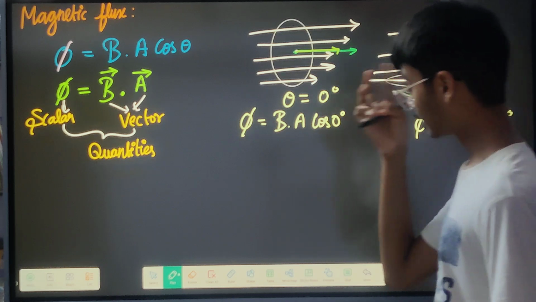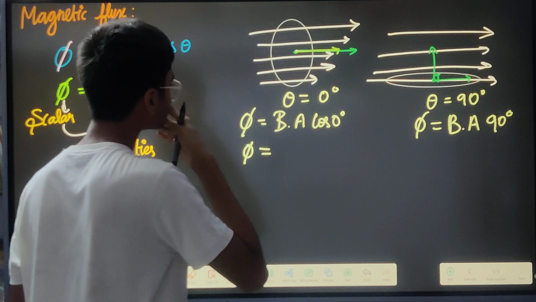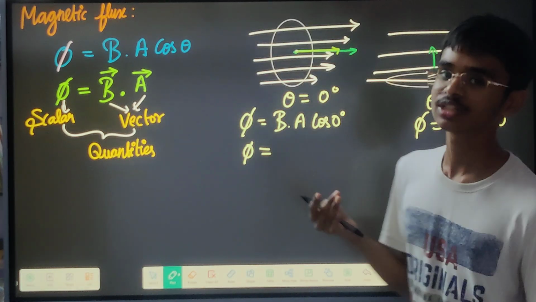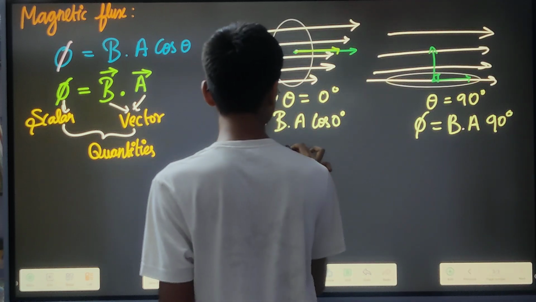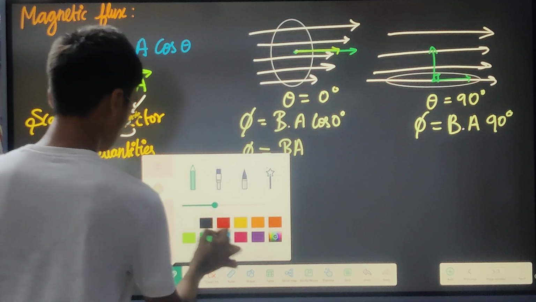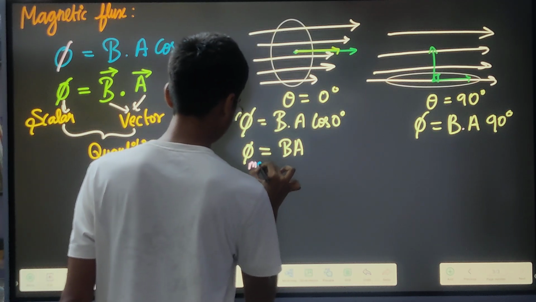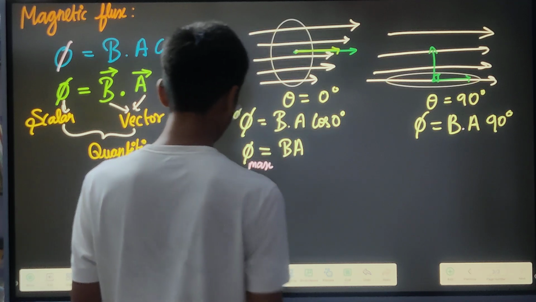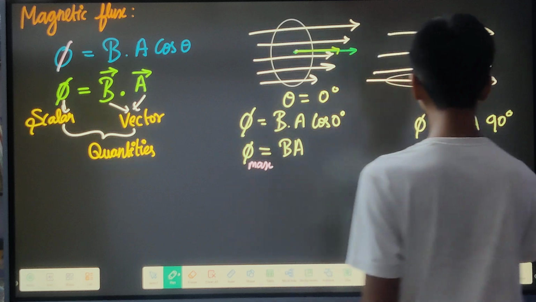Here you can very easily say that cos is an even function, so here you will be getting 1. So BA. Here you will be getting maximum flux, and then here you will be getting minimum flux.